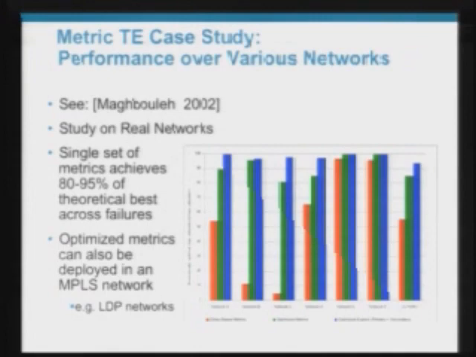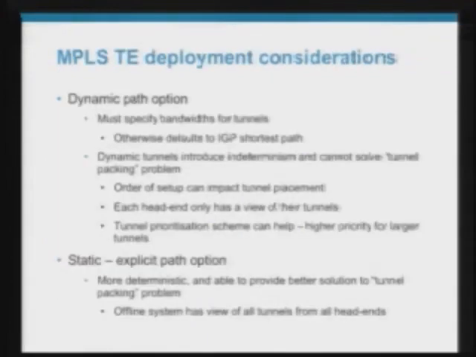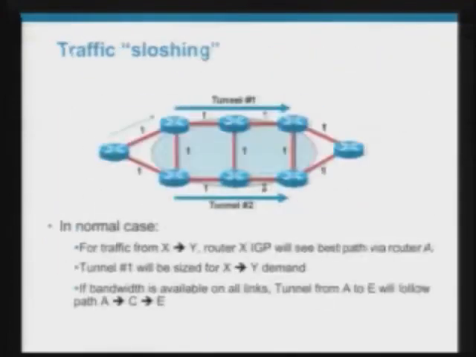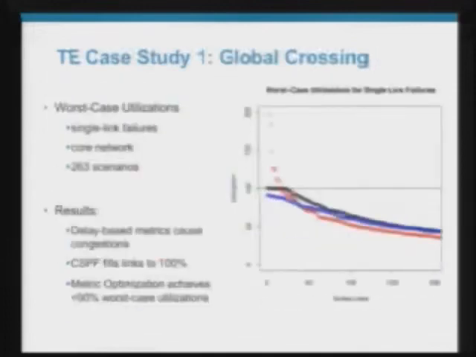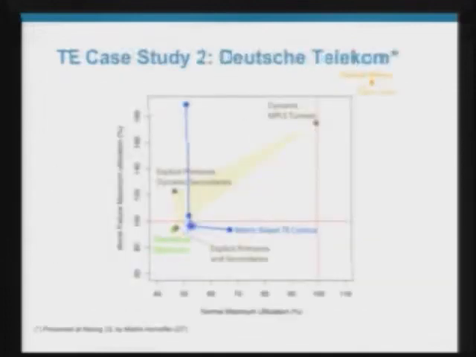You pay a 10% trade-off, but you save yourself a huge amount of hassle and changing procedures. I have examples of that. Let me just jump to it here. So this was presented at one of the NANOGs in Las Vegas, I believe, where again this comparison was being made, and they could see that introducing tunnels would decrease the worst case failure utilization, that's this axis here, and would decrease it under normal.